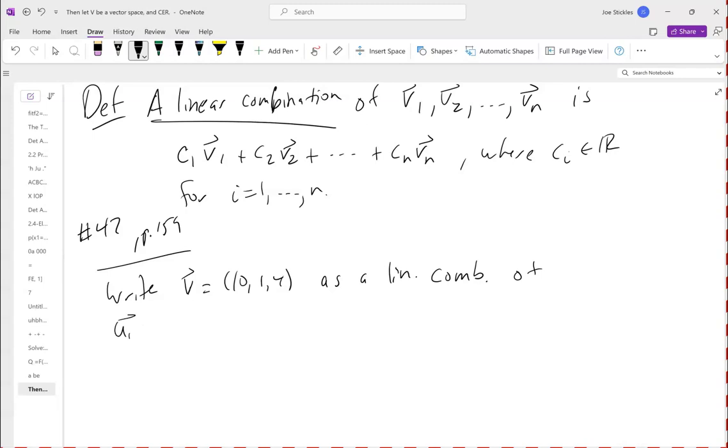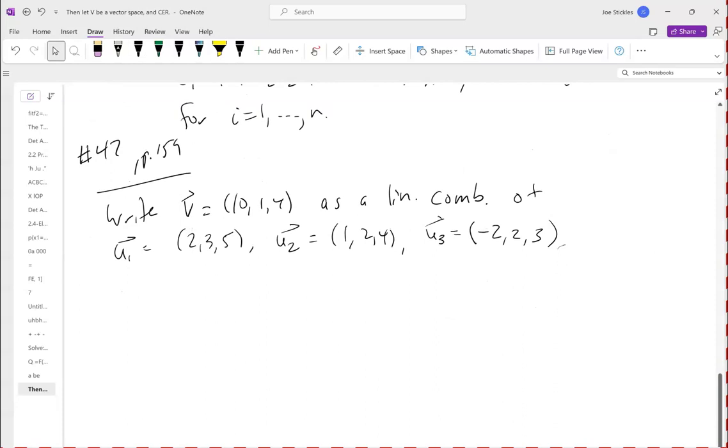Of U1 equals 2, 3, 5, U2 equals 1, 2, 4, and U3 equals negative 2, 2, 3. Well, it also says if possible. It might be the case that it's not possible to write the one vector as a linear combination of the other three. That is one thing that we will focus on later on is, given a set of vectors, can we tell right off if it's even possible to do?